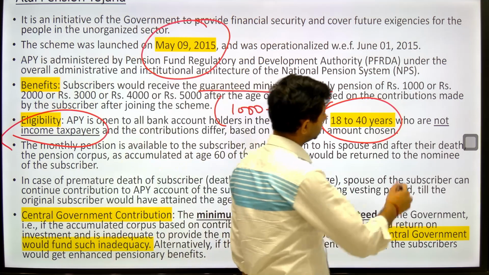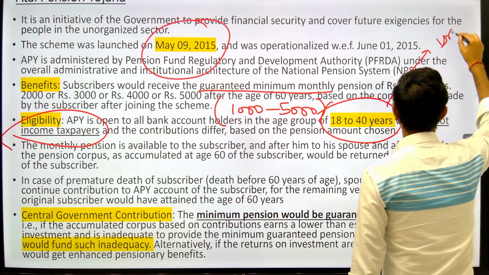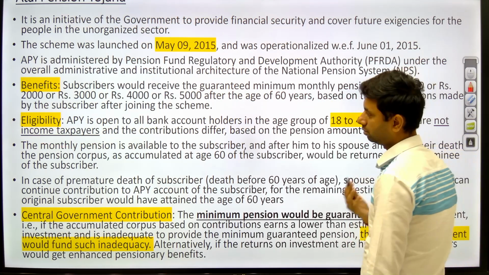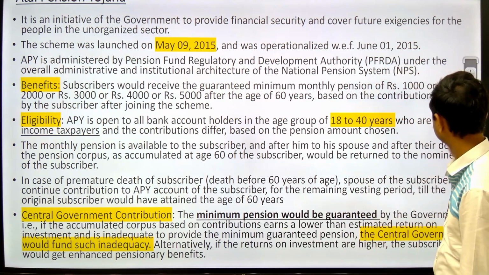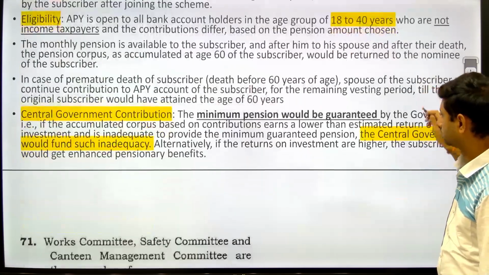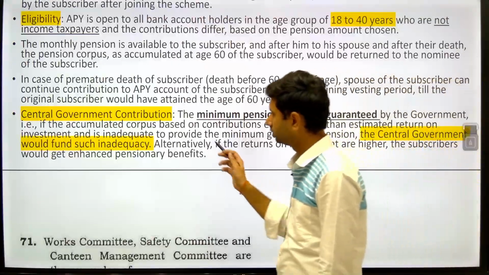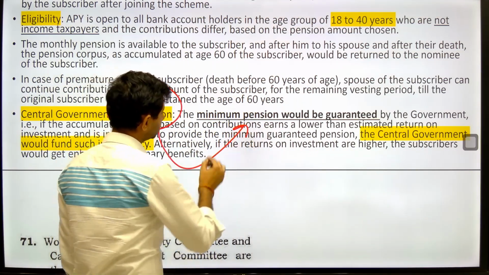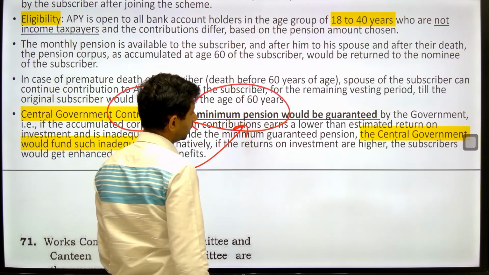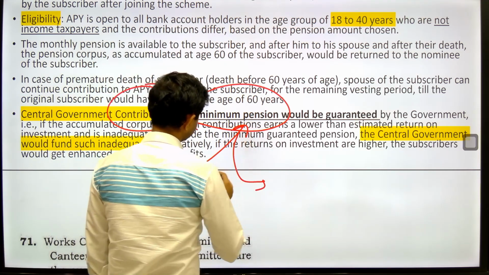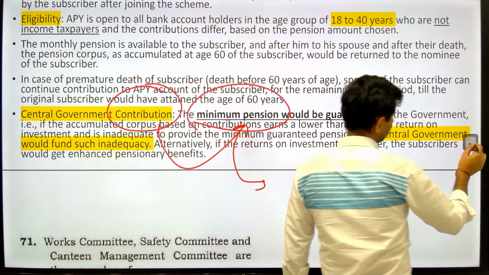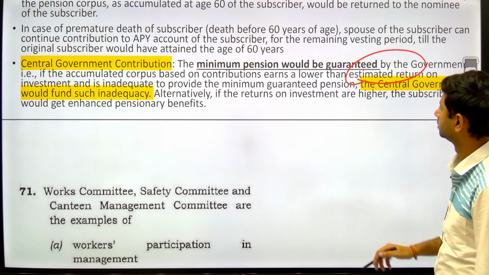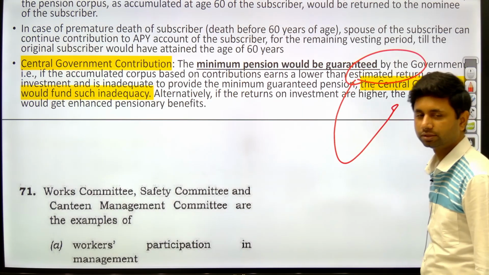Okay, and because this actually caters to unorganized workers, unorganized people from the unorganized sector, it primarily focuses on those people. And with respect to central government contribution, the central government is actually providing a guarantee with respect to the minimum pension, and if that contribution is lower than the estimated return, then that will be provided by the central government.